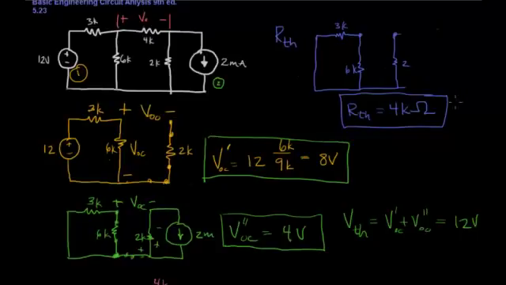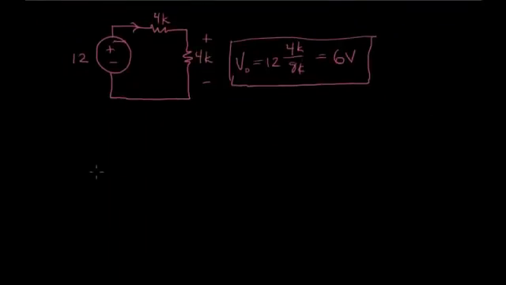And so let's just do that really quickly. So using source transformation, I can replace it with a 12 divided by 3, a 4 milliamp current source. And I'm just going to go ahead and combine those two resistors. So that's 2K.